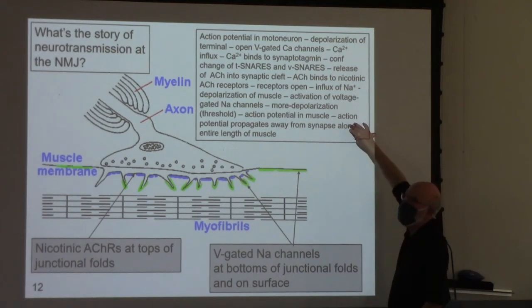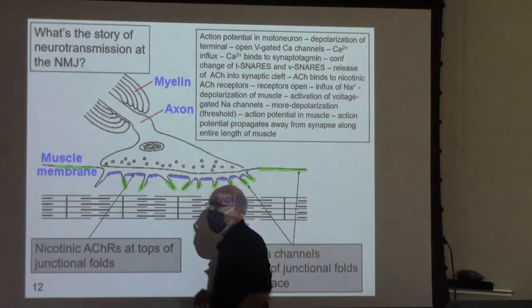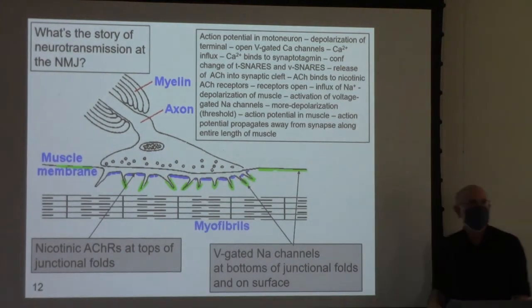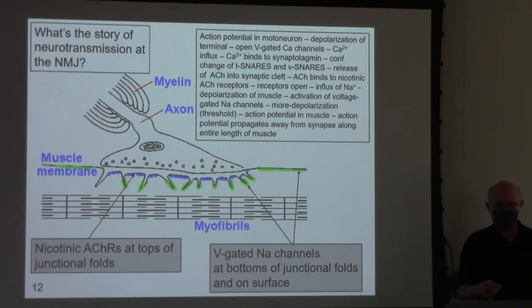Action potential propagation. I didn't use the word here, but action potentials propagate the entire length of the muscle. Same reason that action potentials propagate on unmyelinated nerves. Questions about this? So this is a key concept from a while ago that we are using again.